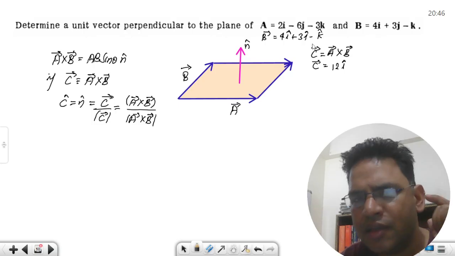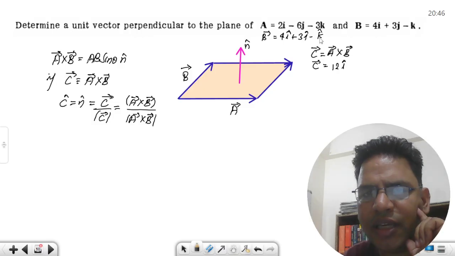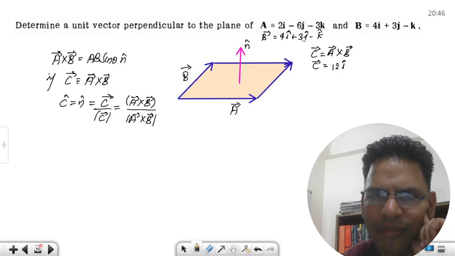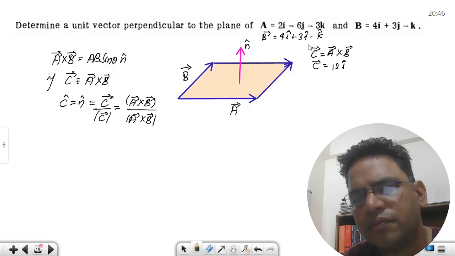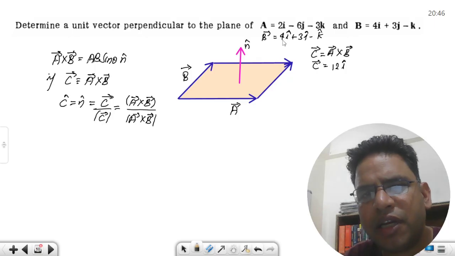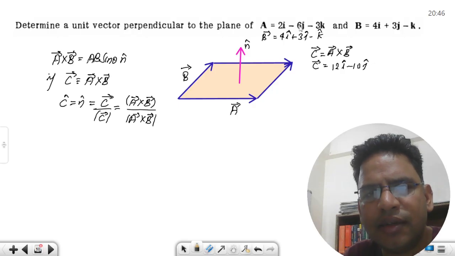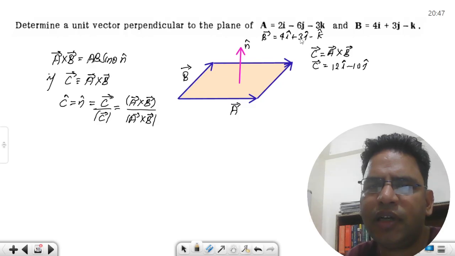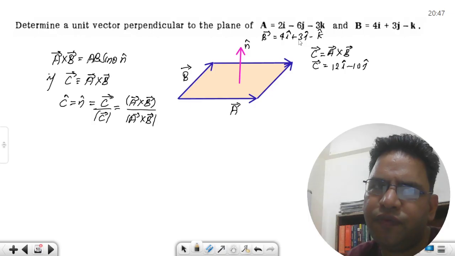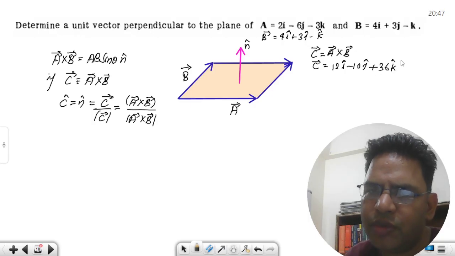C1 is going to be a2 b3, a2 b3 is 6, minus b2 a3, right, 3 threes are 9, minus 6. Minus minus, what does it become? It becomes plus, so this plus will be 12 i. Okay, if I talk about j cap, C2 means I have to take 3 1s. 3 fours are 12, minus 12 plus 2 is going to be minus 10 j cap. Okay, and finally for k cap what will I do, 1 2s, 3 2s are 6 plus 6, 4 threes are 24, right. So 24 plus 12, 24 plus 12 is 36. I think this is going to be the answer.